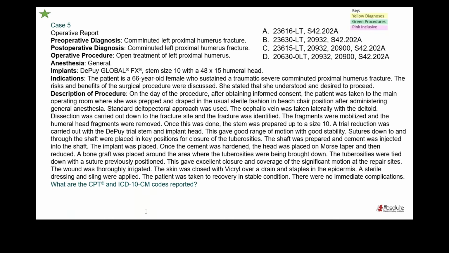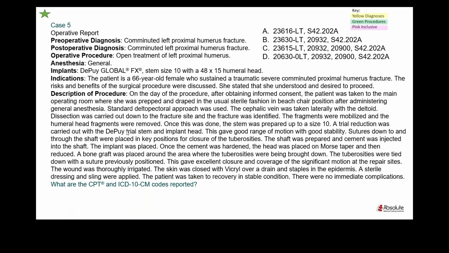Description of procedure. On the day of the procedure, after obtaining informed consent, the patient was taken to the main operating room where she was prepped and draped in the usual sterile fashion in beach chair position. After administering general anesthesia, a standard deltopectoral approach was used. The cephalic vein was taken laterally with the deltoid.